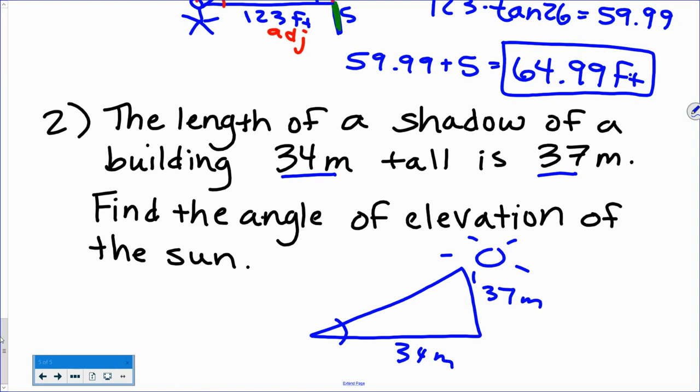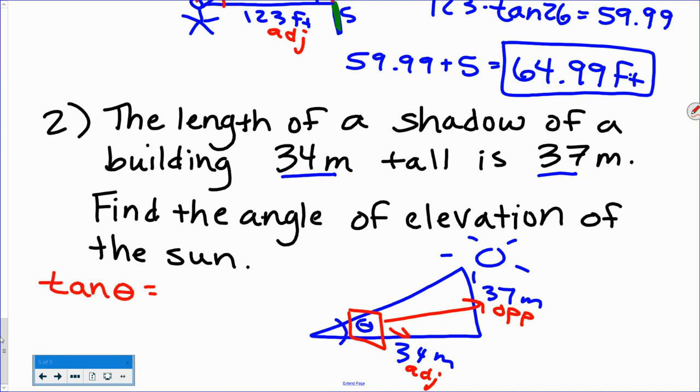All right, I don't know this missing angle. Call it whatever you want. Theta is our favorite variable for angles, so we can go with that. All right, then I need to take a look. So I don't have the angle, but I need to figure out which trig function I would use based on the information I'm given. So I've been given the opposite side, and I've been given the adjacent side to my angle theta. So opposite and adjacent would use tangent.